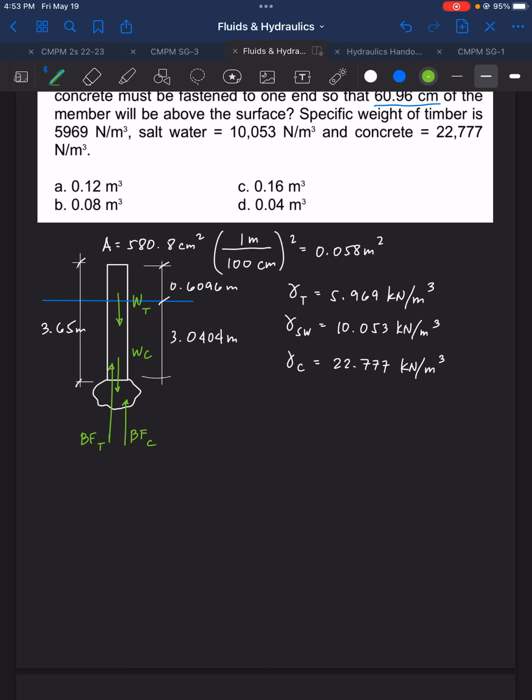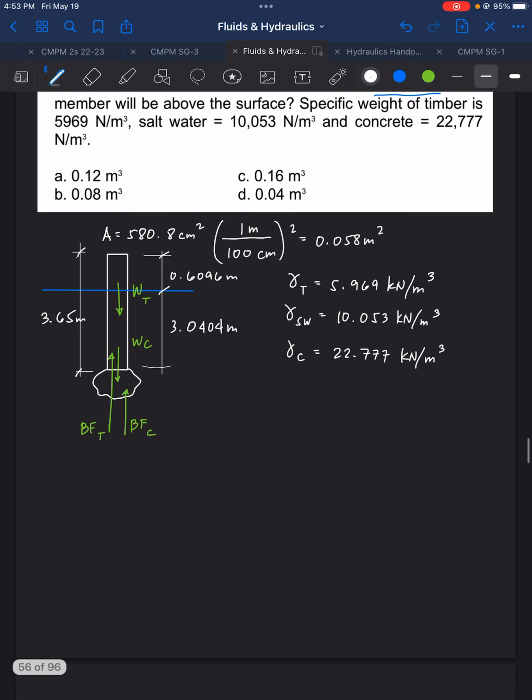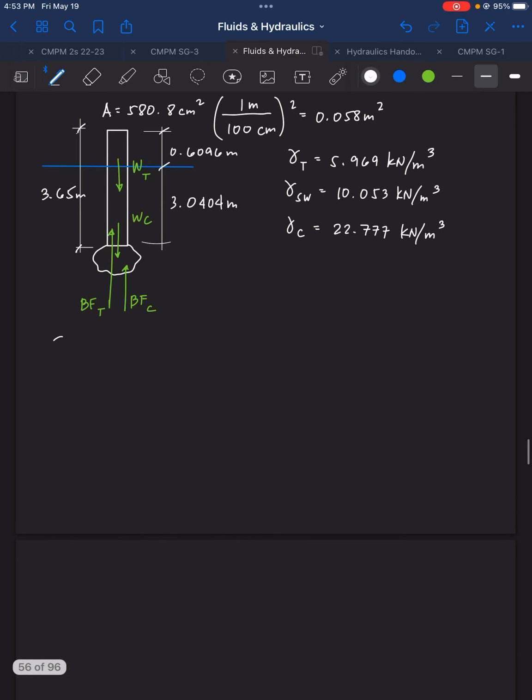Okay, so if we get the summation of forces, we have here weight of timber plus weight of concrete is equal to buoyant force for timber plus buoyant force for concrete.